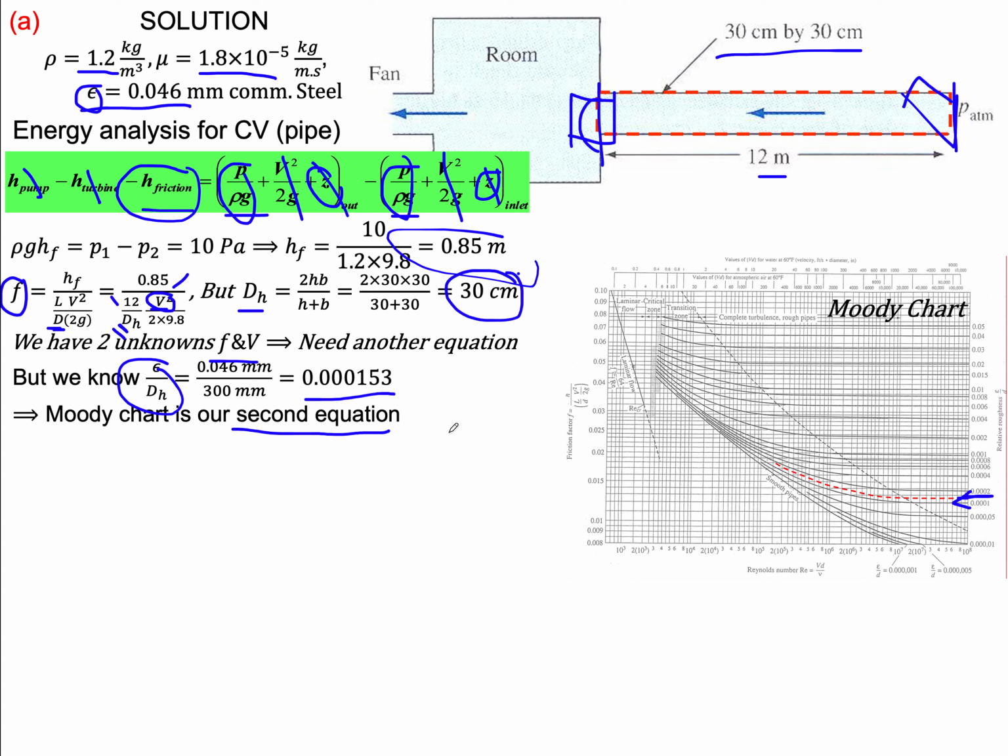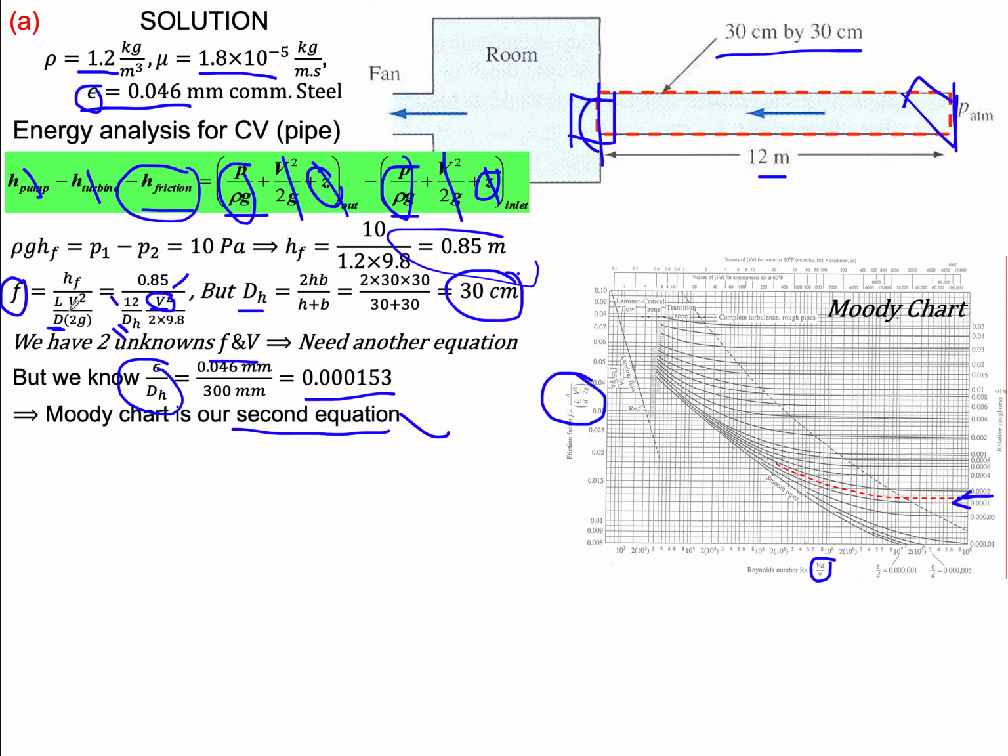So I do have a second equation that relates the velocity here in an implicit type of relationship with the HF and the velocity that are right here. So in this case, you can't do a linear solution between those two equations.